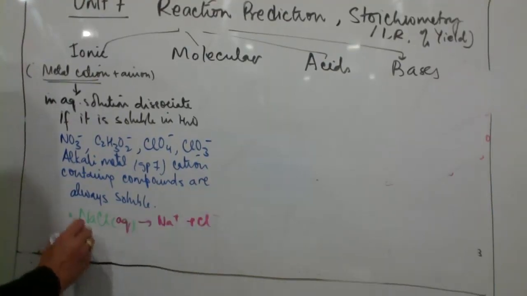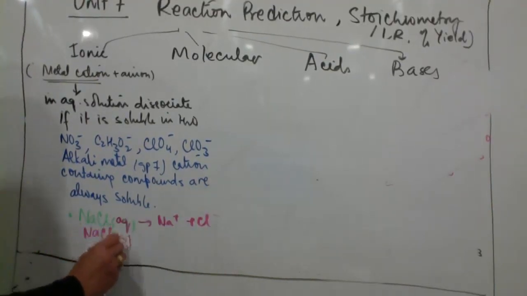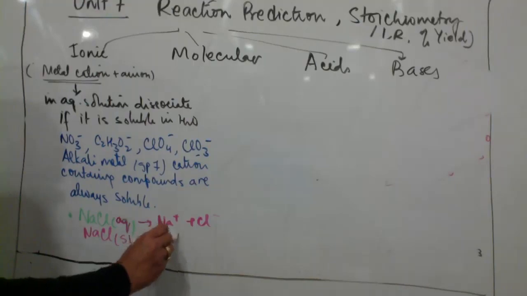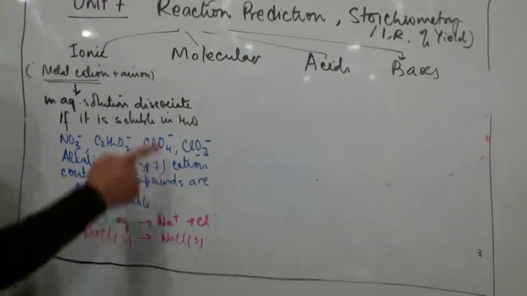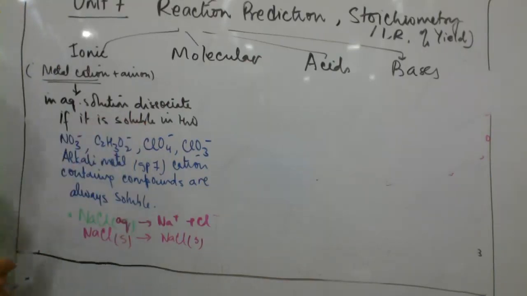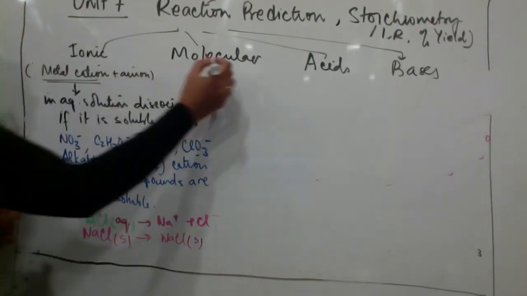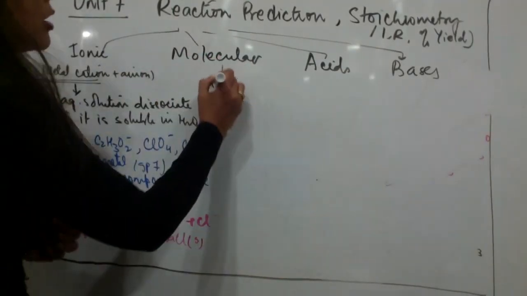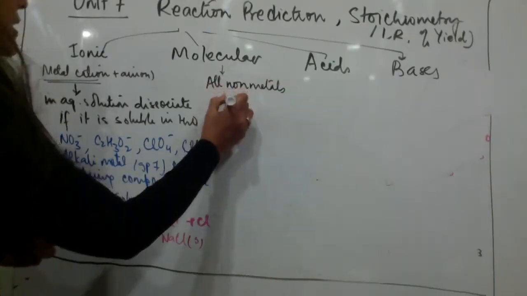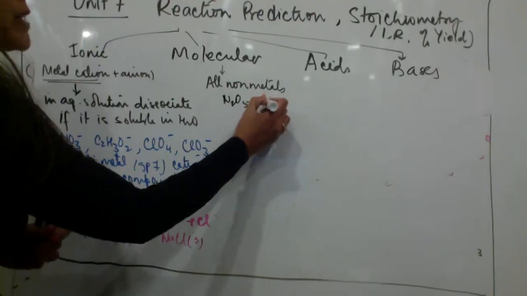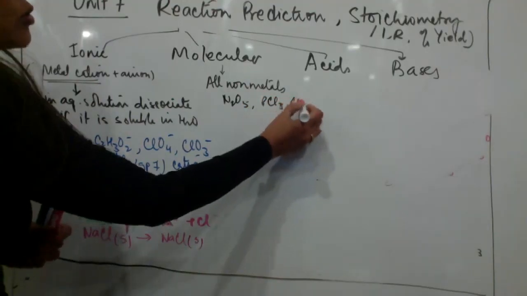But if it is solid NaCl, meaning there's no water in the system, you do not break it and you keep it as NaCl. That is true for things that precipitate as well. You don't dissociate them. Okay, molecular compounds are ones that are made up of all non-metals. There are no metals in there. Examples are N2O5, PCl3, CO2, all of these.